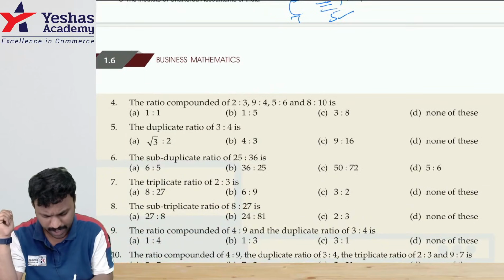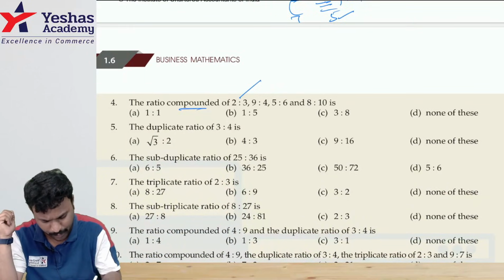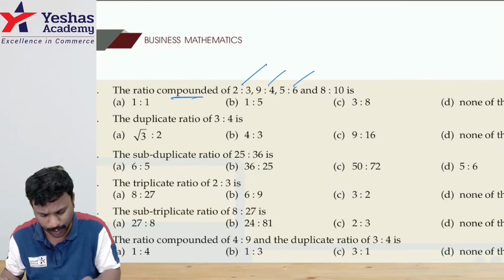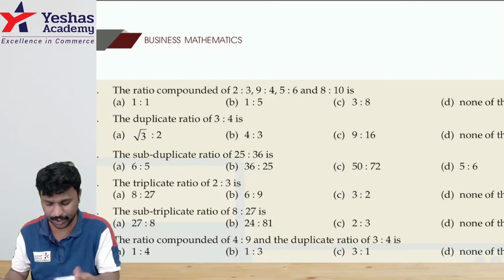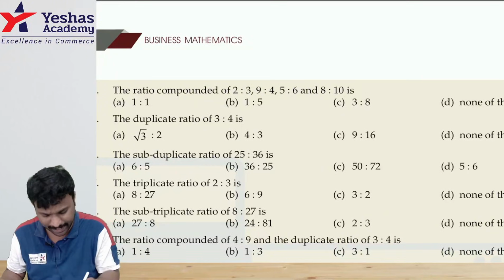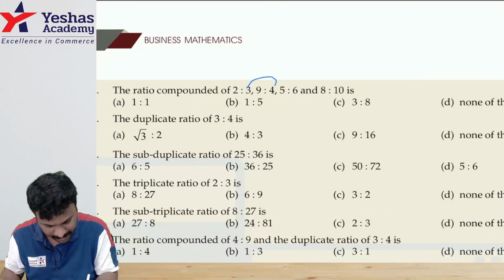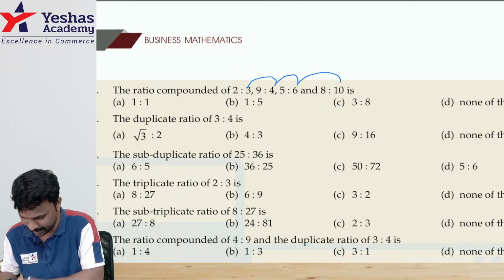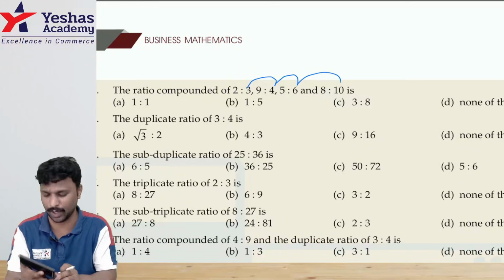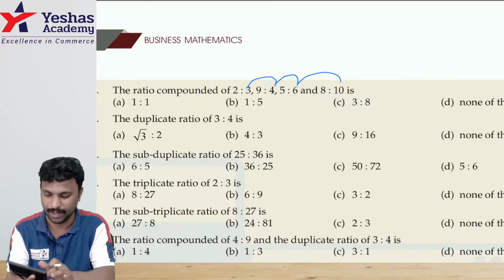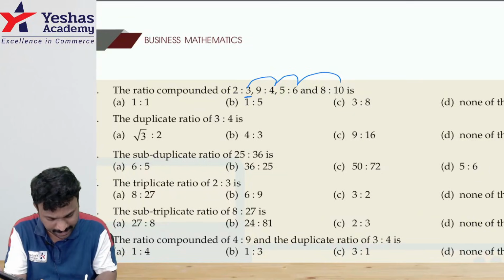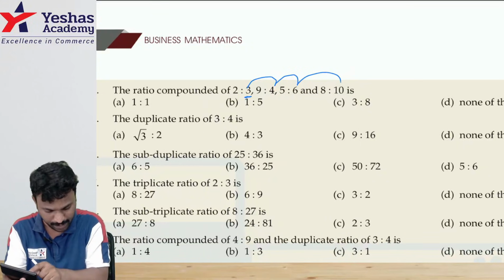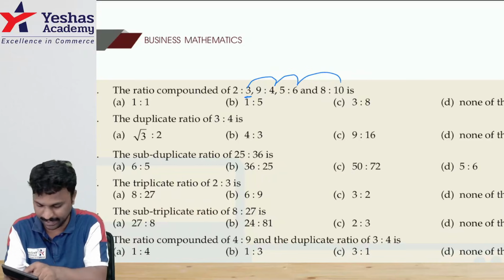Moving on to the next question, the ratio compounded of 2 is to 3, 9 is to 4, 5 is to 6 and 8 is to 10. Guys, I told you the best way of finding the compound ratio is what? Multiply all the second terms of the ratios. That means 3 into 4 into 6 into 10.